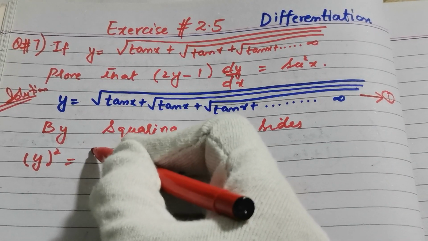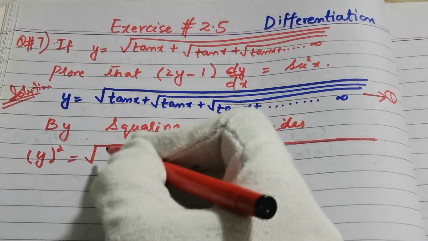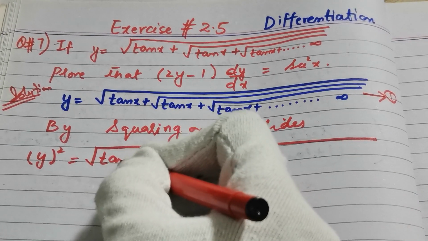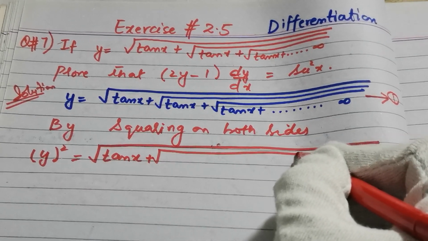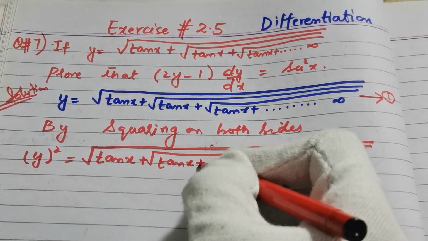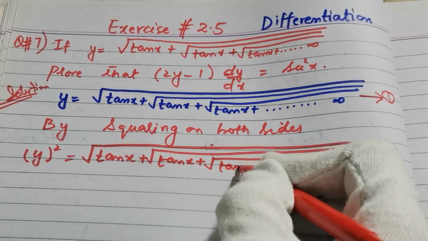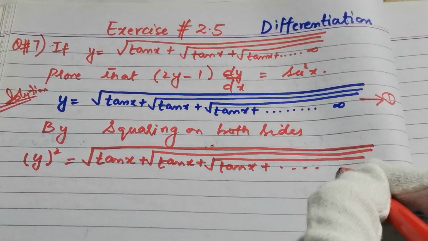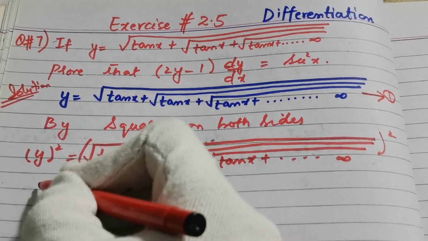Square: tan x plus under root tan x plus under root tan x plus up to infinity, whole square.